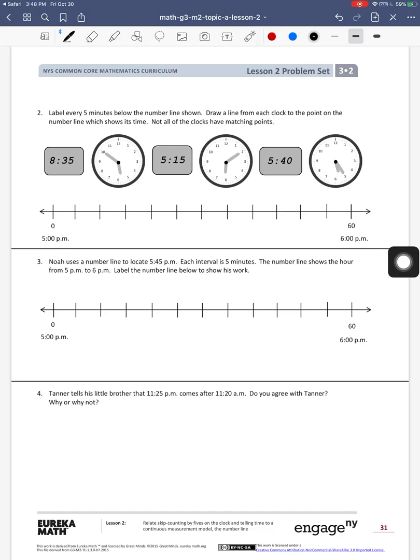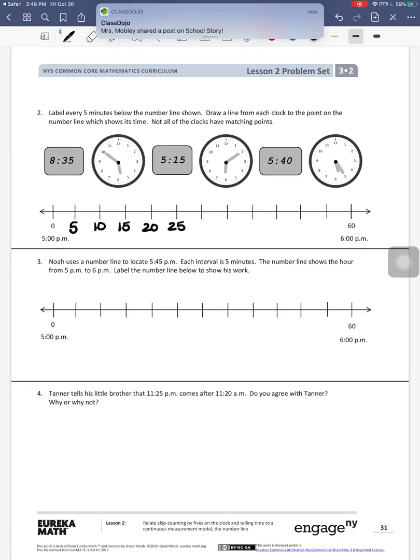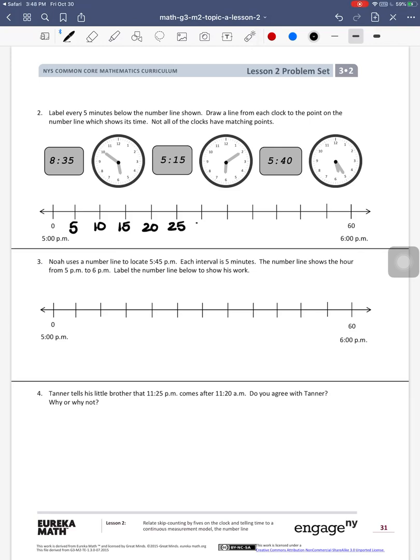And so this would represent 5:05, 5:10, 5:15, 5:20, 5:25, 5:30, 5:35, 5:40, 5:45, 5:50, 5:55, and then there is 6 o'clock.